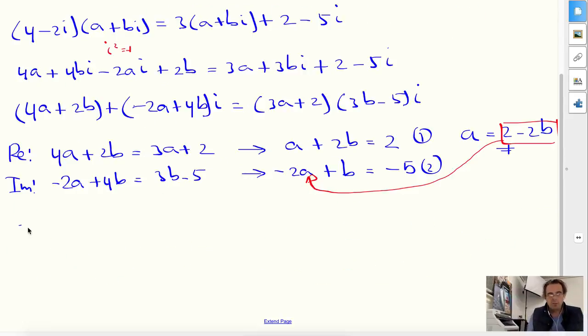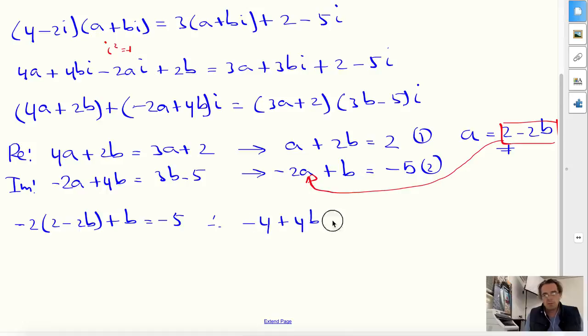So negative 2 times (2 take 2b) plus b is negative 5. If I work that out, it says negative 4 plus 4b plus b is negative 5, which means that 5b is negative 1, b is negative 1 over 5.